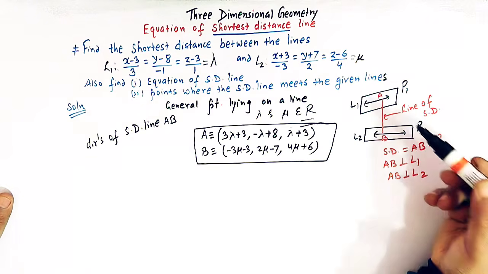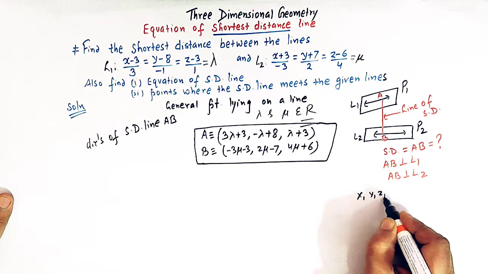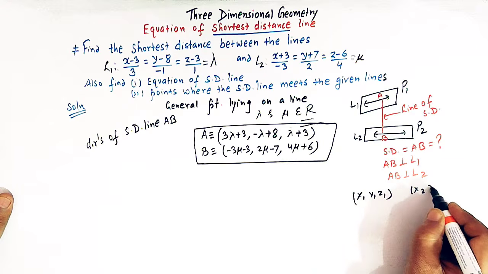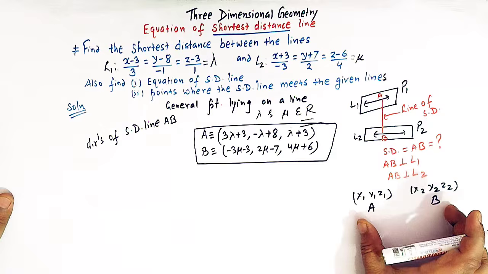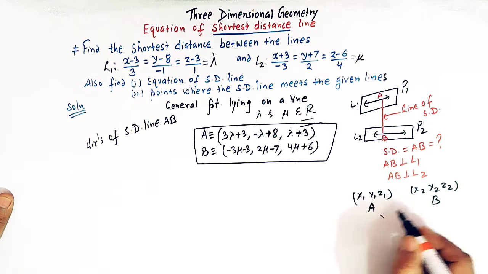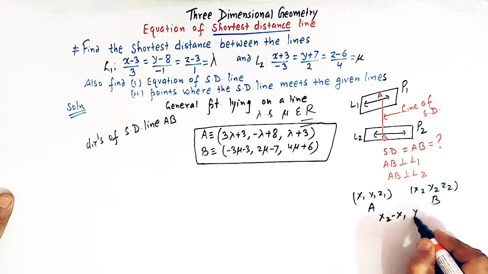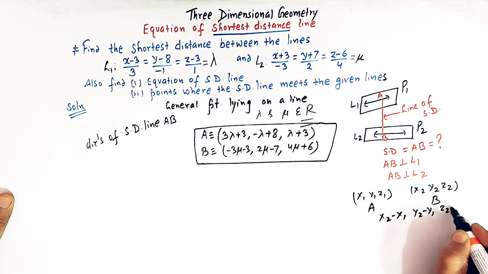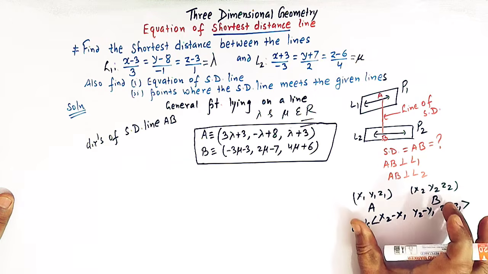We know that if we have two points, say x1, y1, z1 and x2, y2, z2 as A and B, then the direction ratios of this vector or the line AB may be obtained by subtracting the coordinates. So x2 minus x1, then y2 minus y1, z2 minus z1. So these are the DRs or the direction ratios of the vector AB.